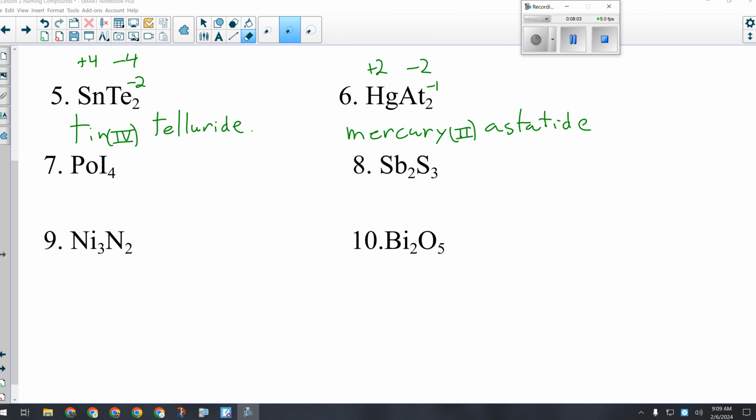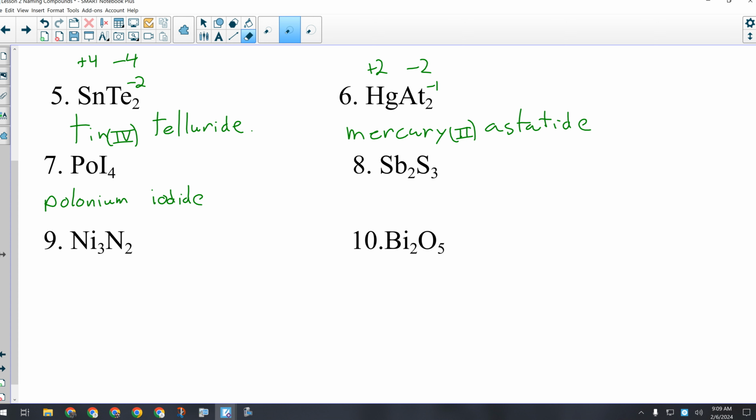All right, so for our number 7 here, we've got polonium, P-O, okay, polonium, and it's with iodine, so it'll be polonium iodide. Okay, and the charges that are possible for polonium are, well, that's the longest, okay, 2 and 4.